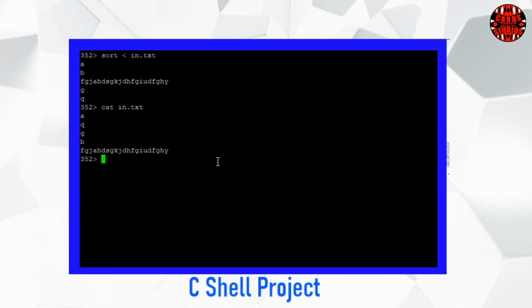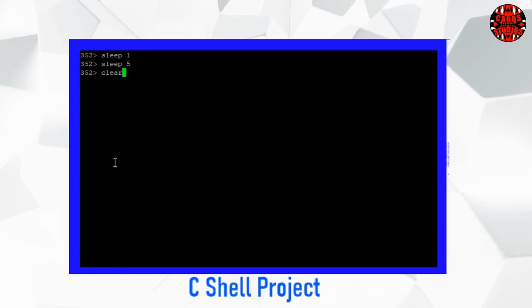So those are the three general things that this shell implements, aside from all the basic commands. Obviously there's stuff like sleep, which just counts 1, 2, 3, 4, 5, yeah. That's kind of a boring one, but it will be important later.